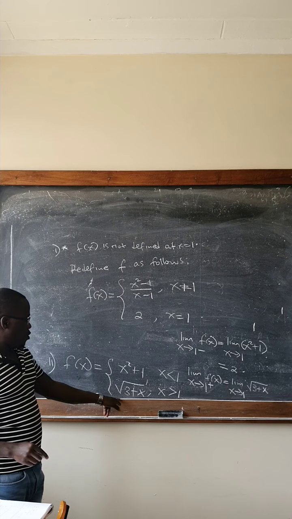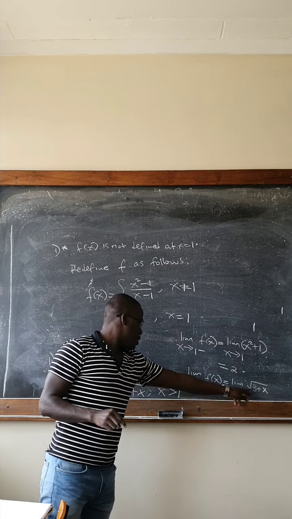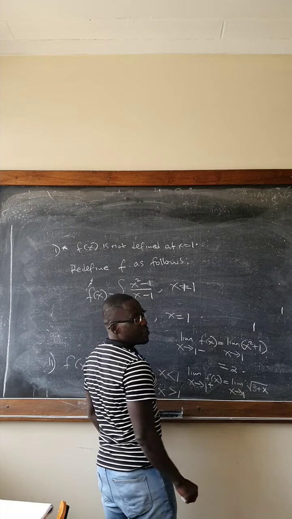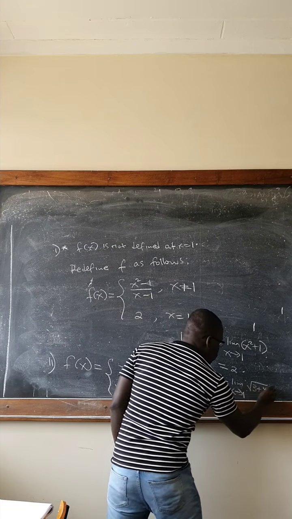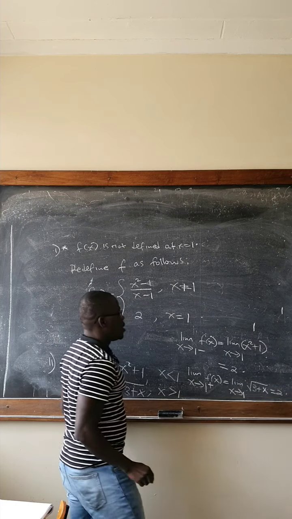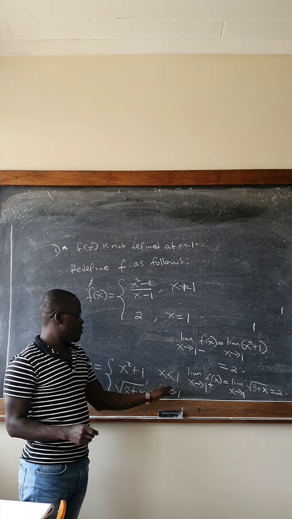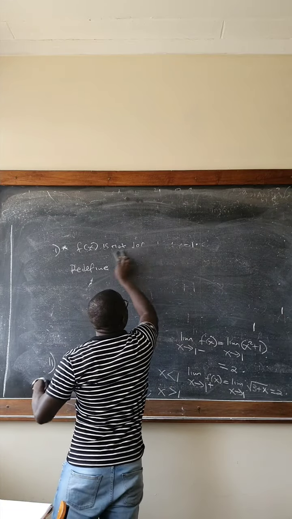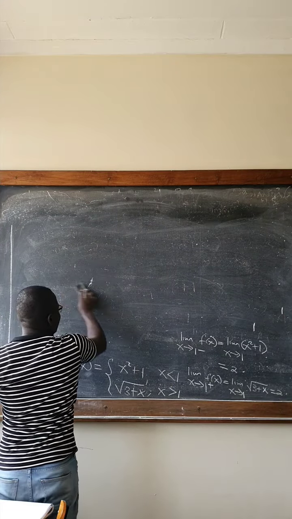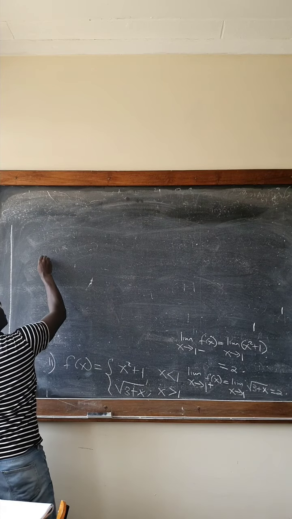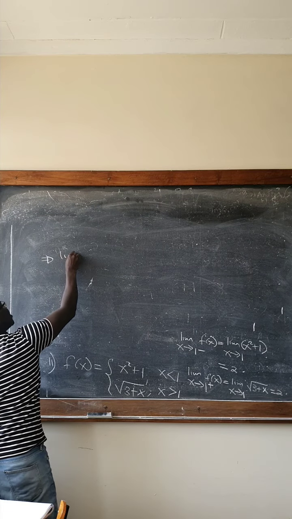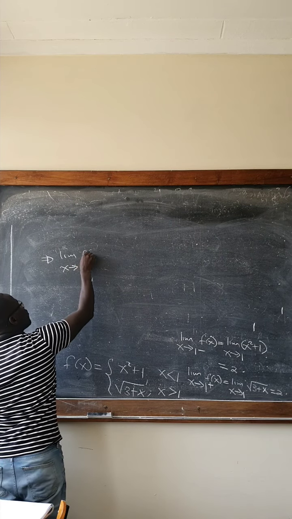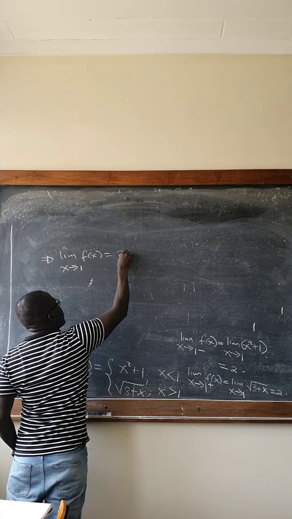And when you put 1, this is going to be root of 3 plus 1, which is going to be the square root of 4, which is 2. So we can see that the limit from the left and from the right is 2. And what does that imply? That implies that the limit as x tends to 1 of f of x is going to be equal to 2.